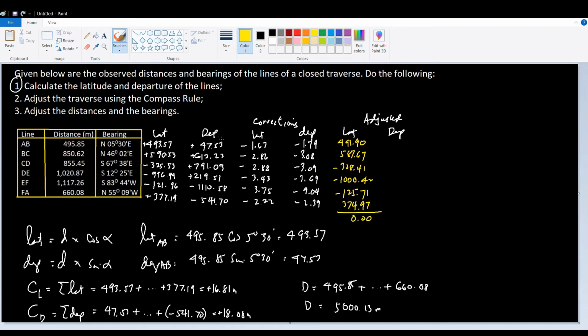For the departures, AB 47.53 minus 1.79 is 45.74. Next, 612.28 minus 3.08 is 609.15. 791.09 minus 3.09 is 788. 219.51 minus 3.69 is 215.82.